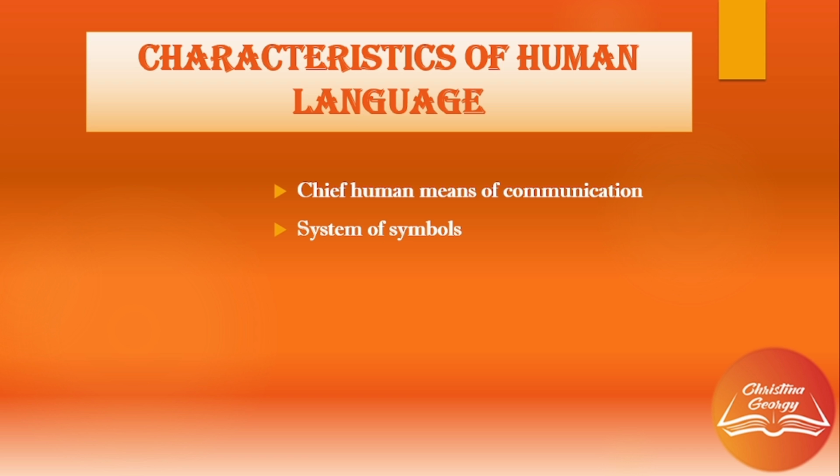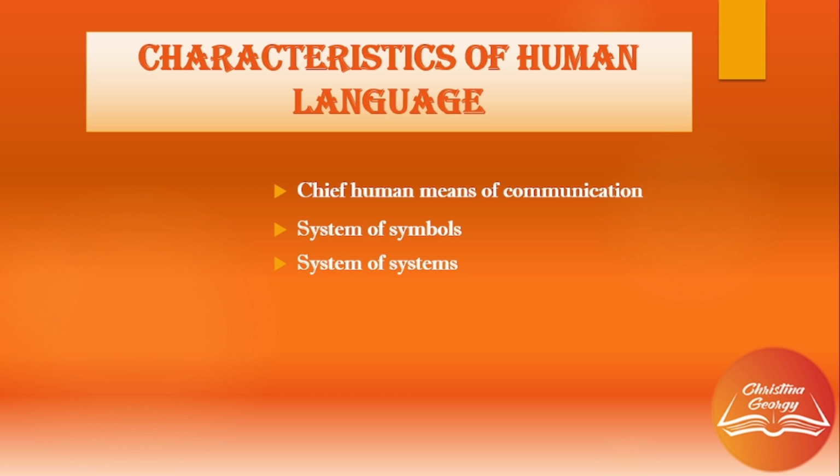Language is a system of symbols, primarily of vocal symbols. That is, our speech is composed of sequences of sounds produced by our vocal organs. Language is also a system of systems. It is a totality made up of elements or units which can be arranged and rearranged in specific ways.